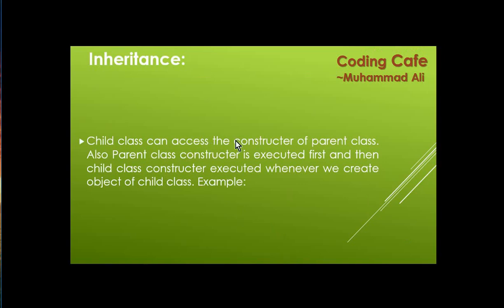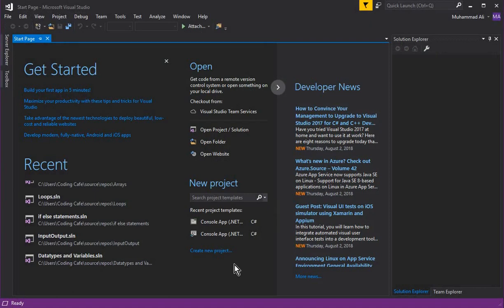The child class can access the constructor of a parent class. Also, the parent class constructor is executed first, and then the child class constructor is executed after that, whenever we create the object of a child class. Now we will understand it more clearly when we do the implementation of this in Visual Studio.